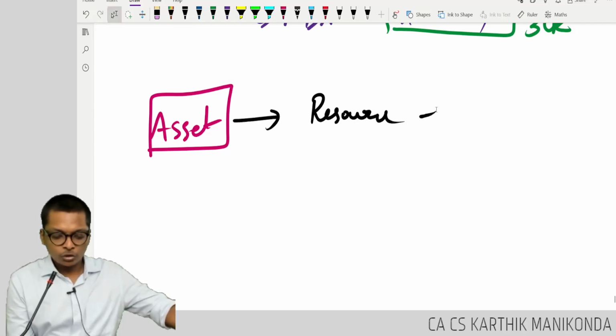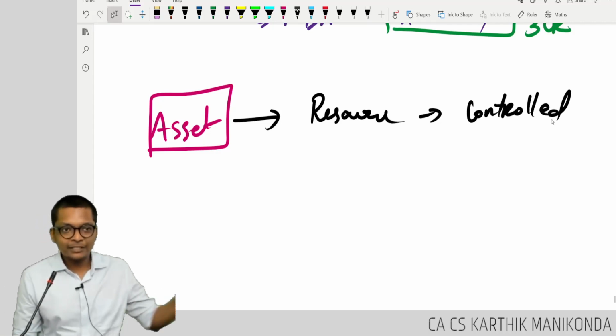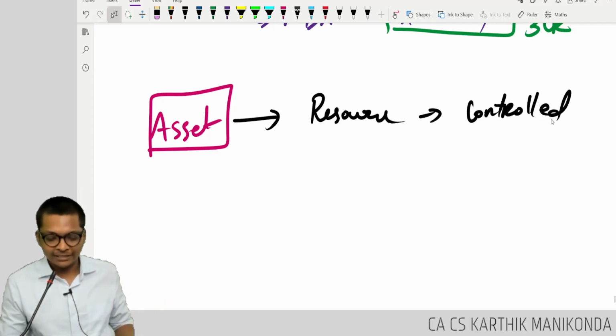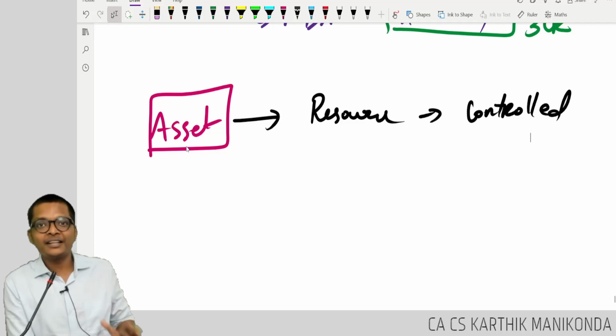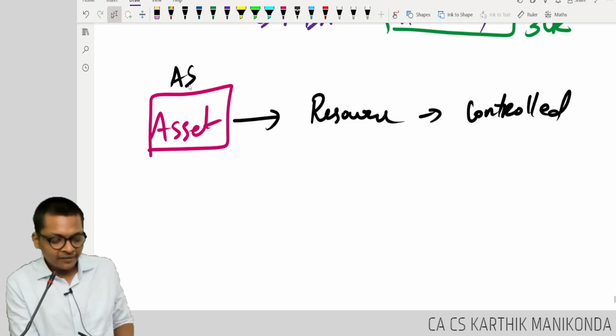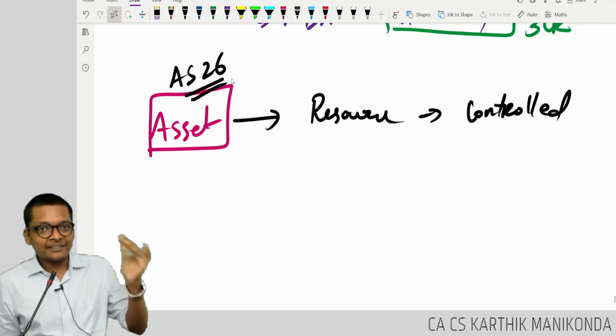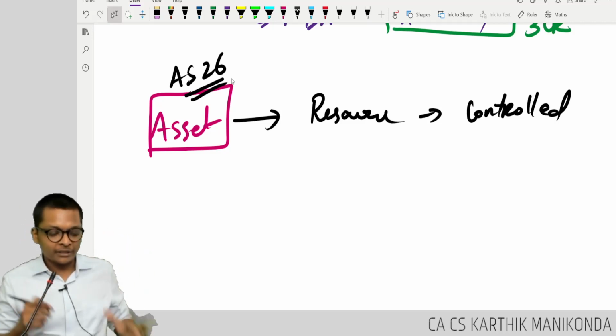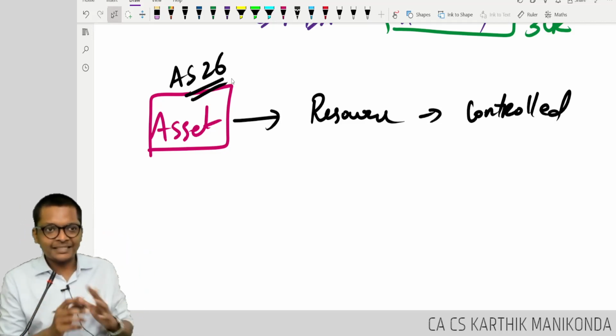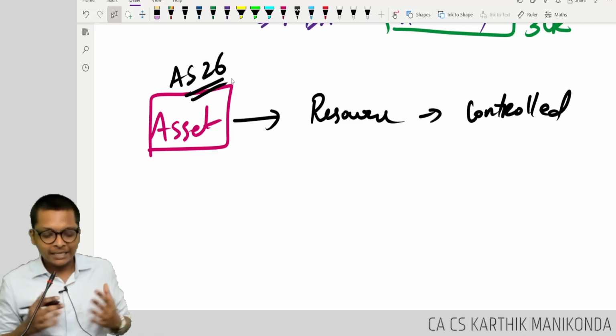Her doubt is, sir, why can't I take education as an asset and consider it as an asset? Asset is not defined in AS16. It is defined in AS26. When I go to AS26, I will again repeat, but to give you a quick context, asset can be anything, inventory, anything.